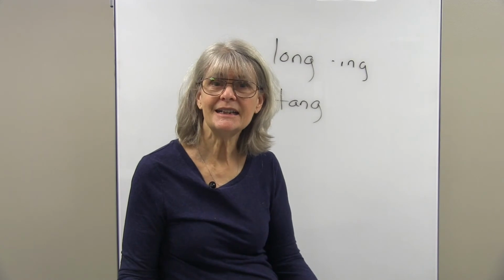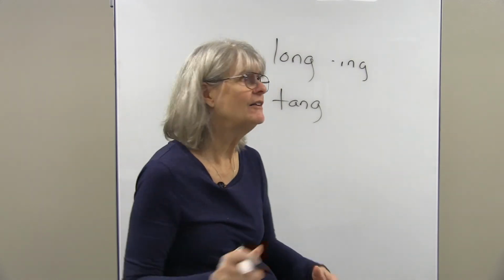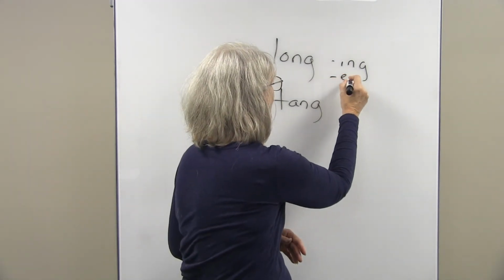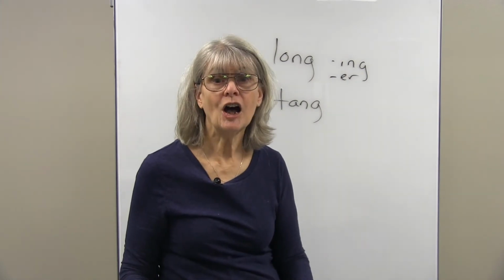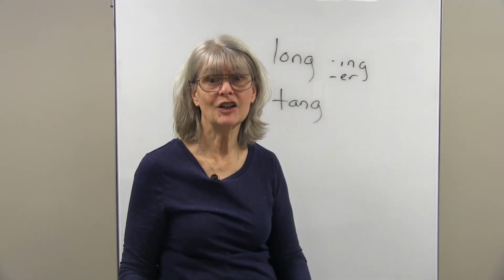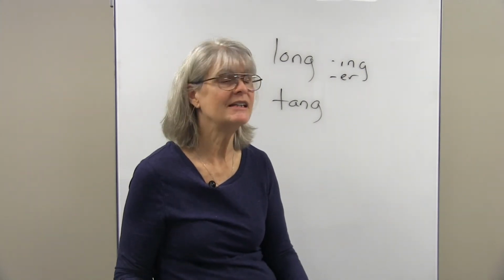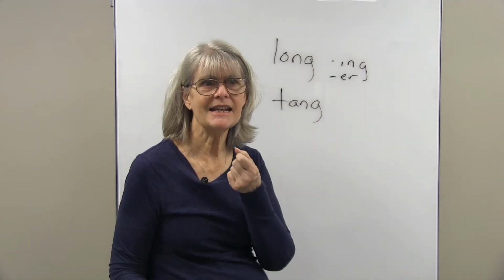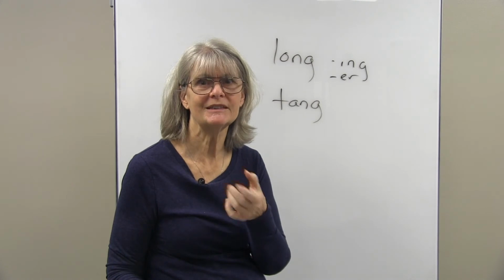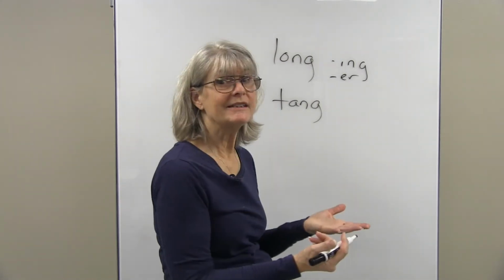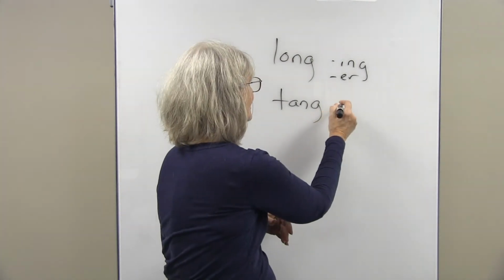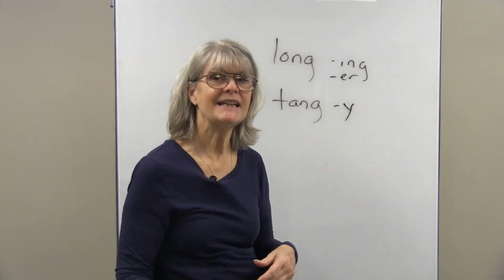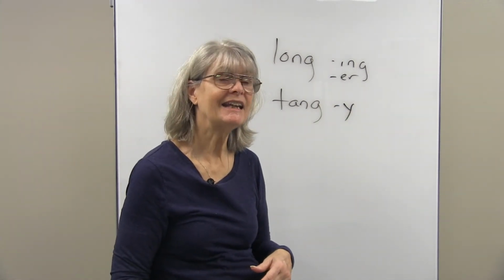However, there are some endings where the G will be pronounced. Longer, that G will be pronounced. With tang, for example, a tang is a taste in your mouth that's a little bit sharp. It's a tang. So if you want to say something has a tang, you can say it is tangy, tangy.